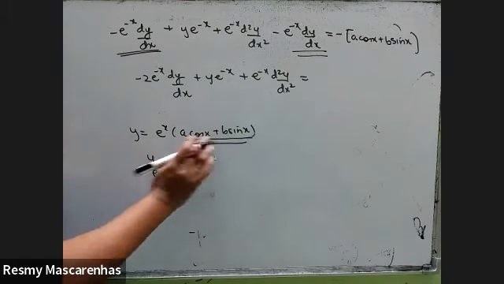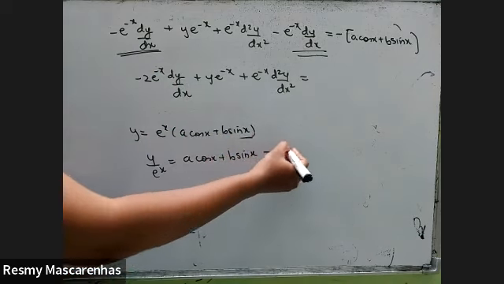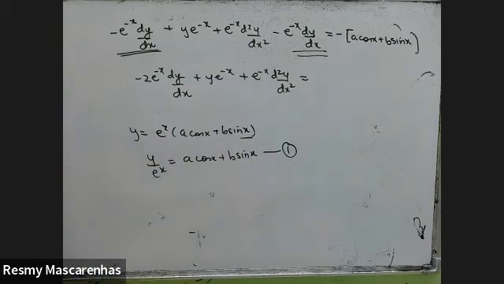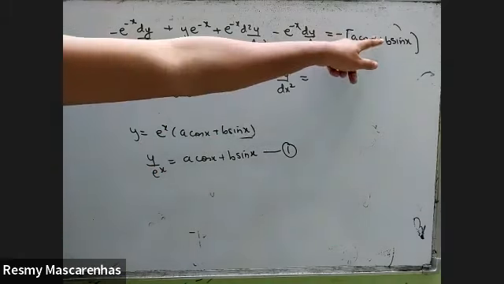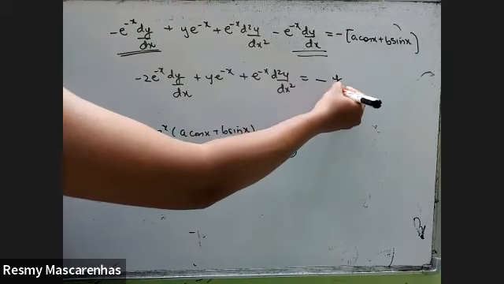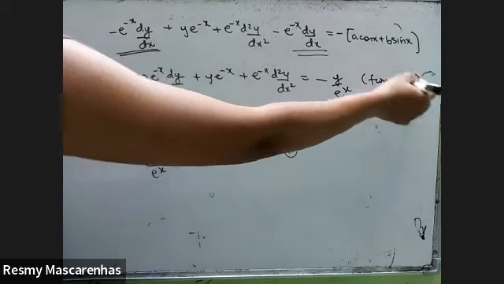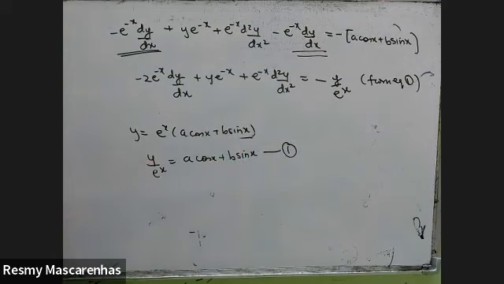The second statement, you mark it as equation 1. We have done this, no? After this, e raised to x was taken down. To mark that as equation 1. The main question was this. After that, what we did? This step. So what is the value of a cos x plus b sin x? Nothing but from equation 1. Value of a cos x plus b sin x is y upon e raised to x.